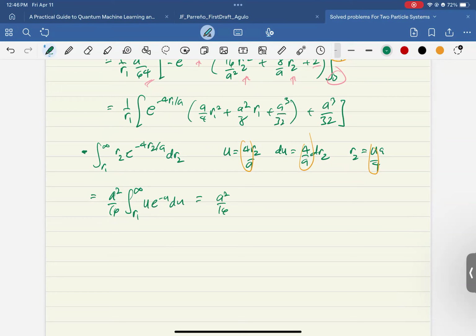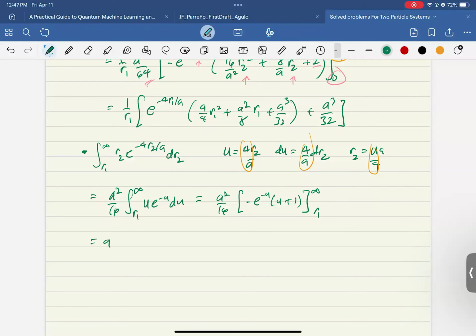A squared over 16, integral from R1 to infinity ng, hindi. Negative e to the minus u plus 1, R1 to infinity.